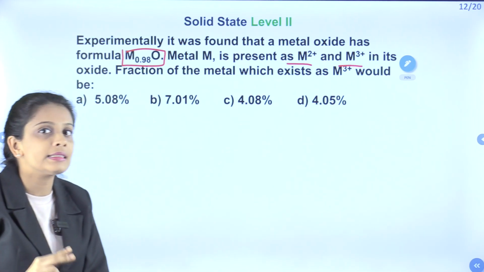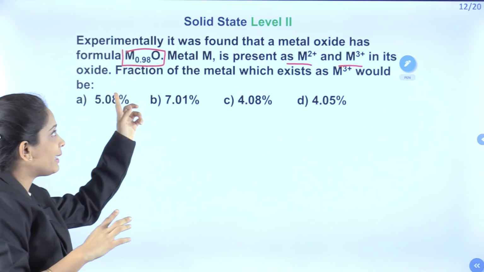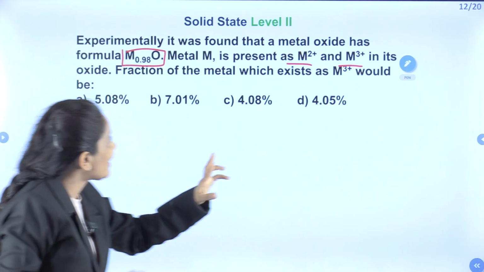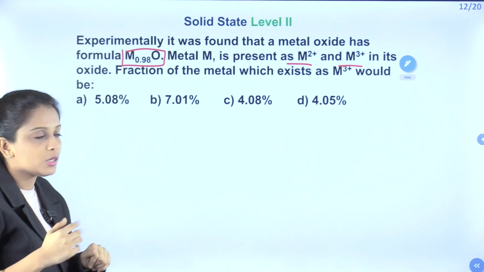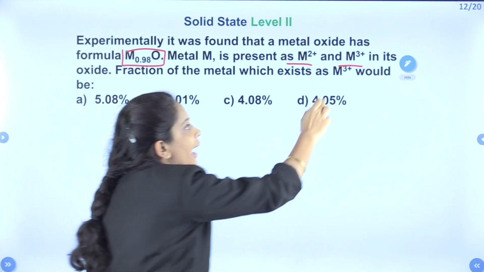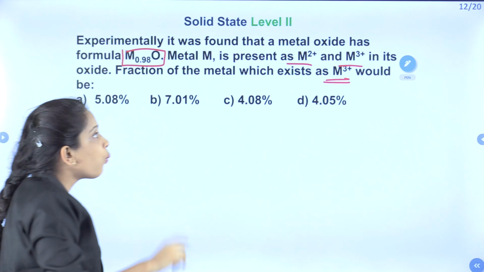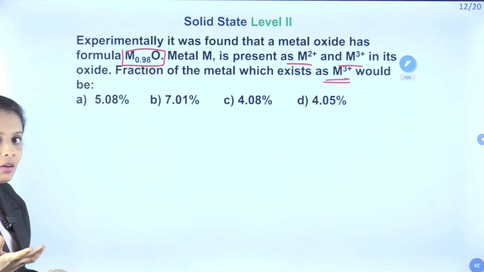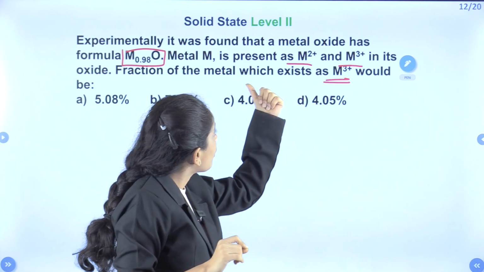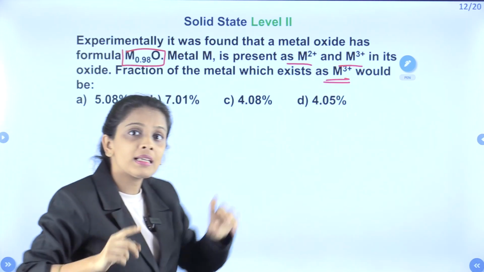So, two oxidation states in which this metal M is present, that is plus 2 and plus 3, in its oxide. But obviously, the fraction of the metal which exists as M plus 3 would be what? We want to find the fraction which exists as M plus 3 only.